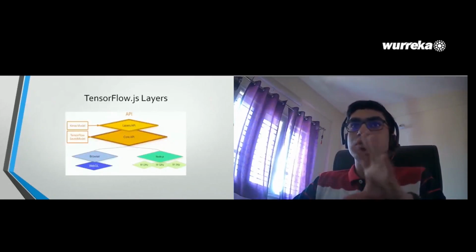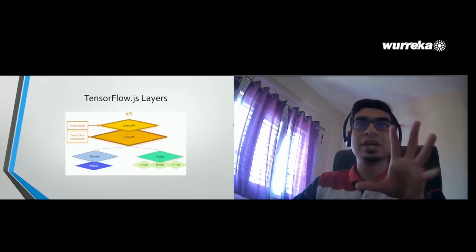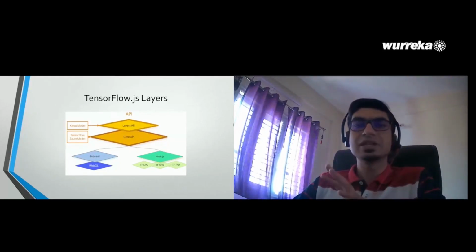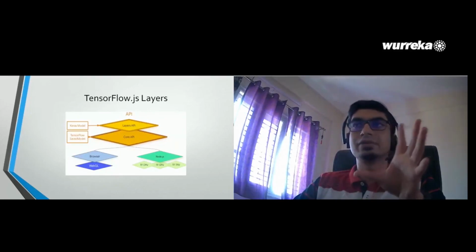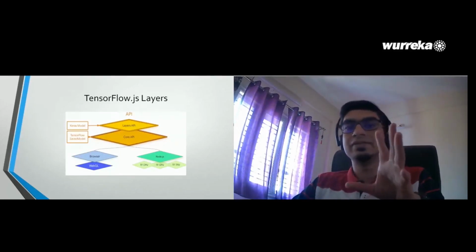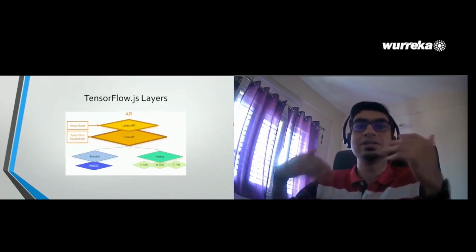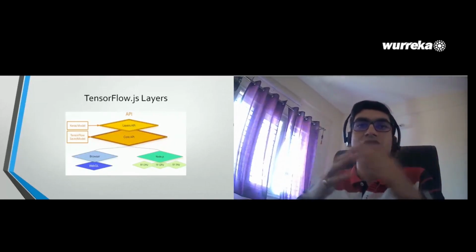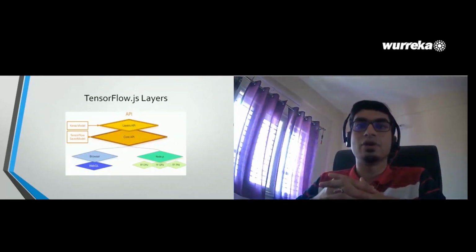But before going into too much detail, on a very high level, this is how the layers of TensorFlow.js look. Previously, those who are comfortable developing applications in TensorFlow might have used the Keras framework, right? Keras is nothing but a high-level library or framework on top of the actual lower-level TensorFlow operations.